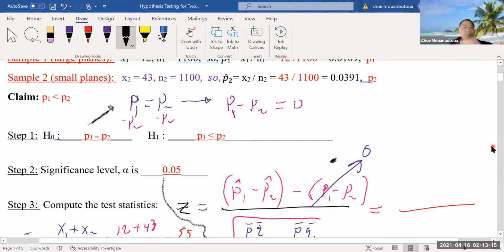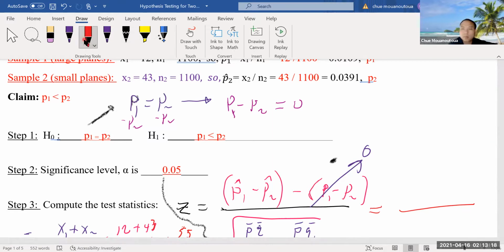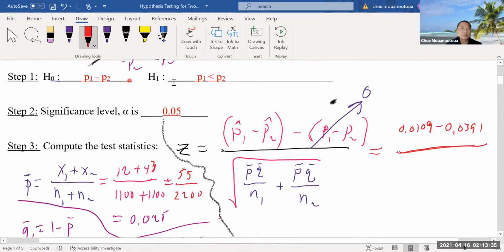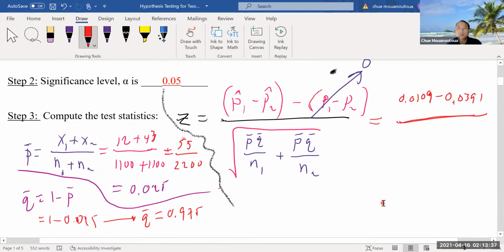Okay, so 0.0109 minus P hat 2, which is 0.0391, divided by the square root. Yeah, put it in.